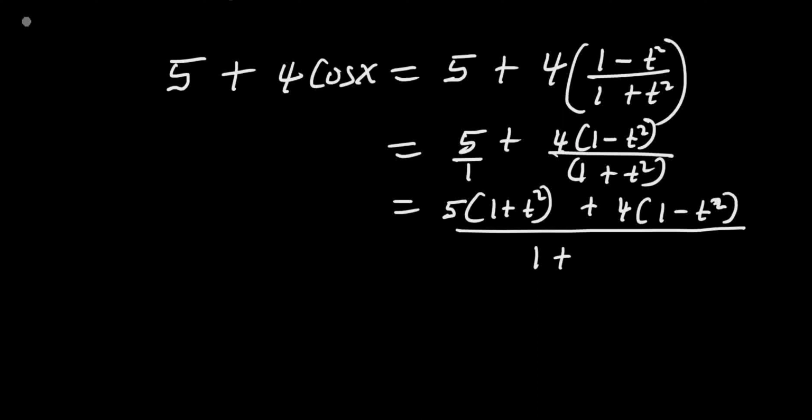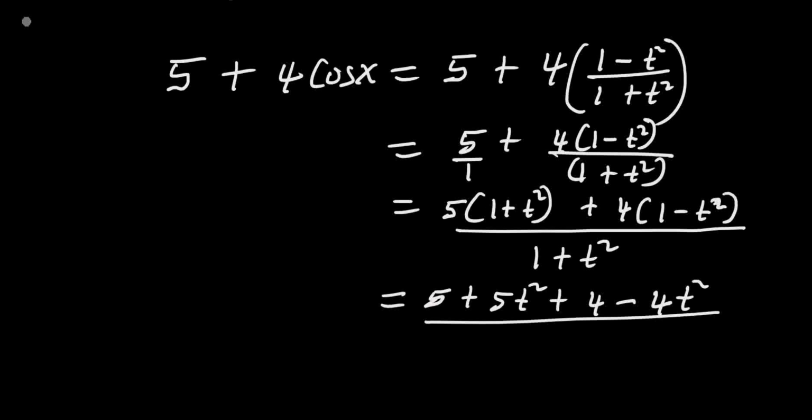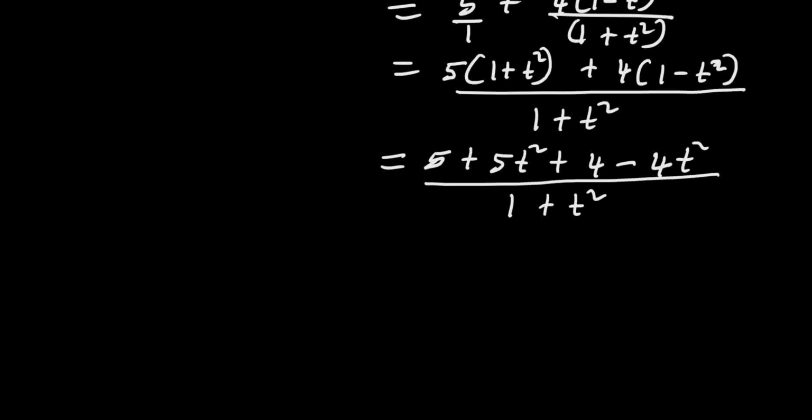1 plus t squared. Now let's clear the parentheses. So this will become 5 plus 5t squared plus 4 minus 4t squared over 1 plus t squared. Let's combine like terms.